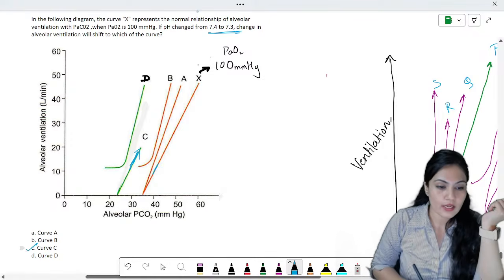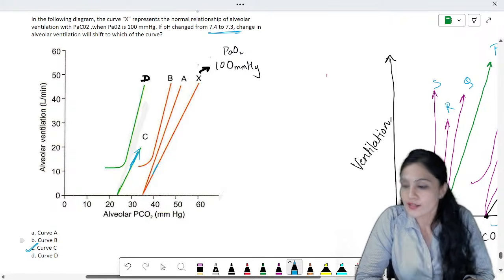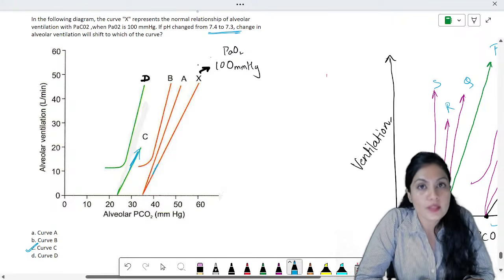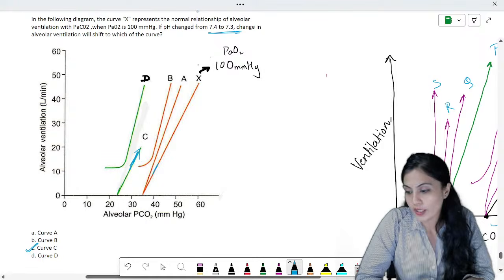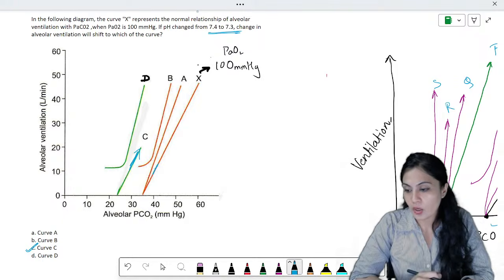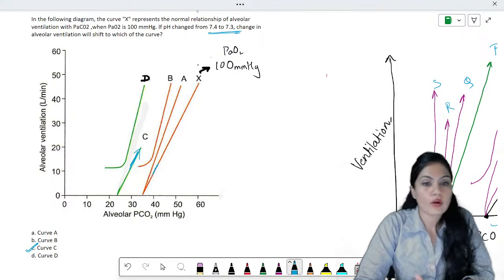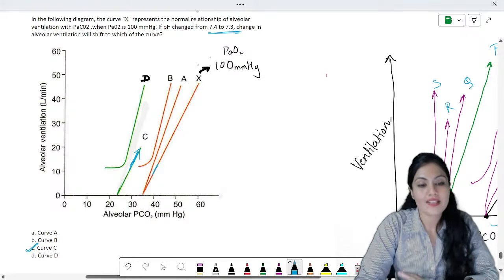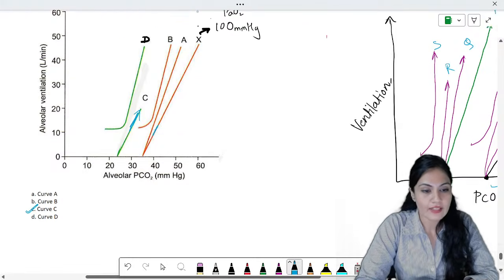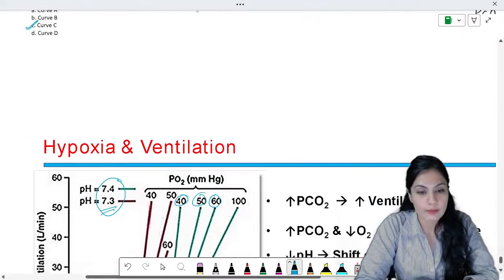So the answer over here becomes option C. Very good. So option over here is going to be option C. All right. So I hope you understood this graph and I hope everything is clear over here, right? So acidosis means shift towards the left hand side. Very good. If you have any doubt, let me know, right?